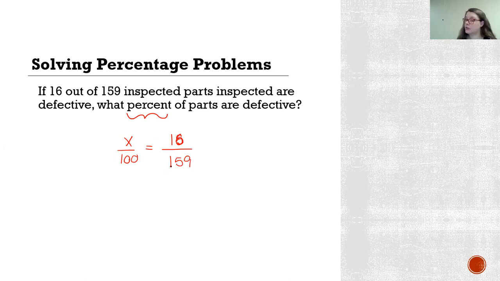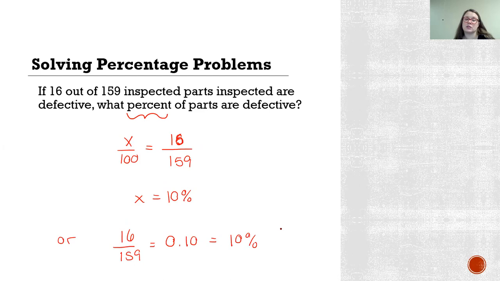If we divide this, we are going to get x is equal to 10%, or we could say 16 out of 159 is equal to 0.10, which is equal to 10%. Okay, so two methods in order to figure this out.